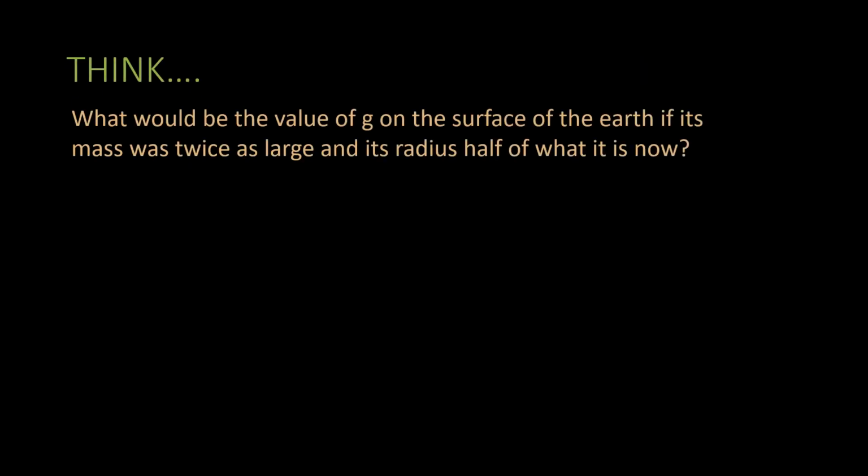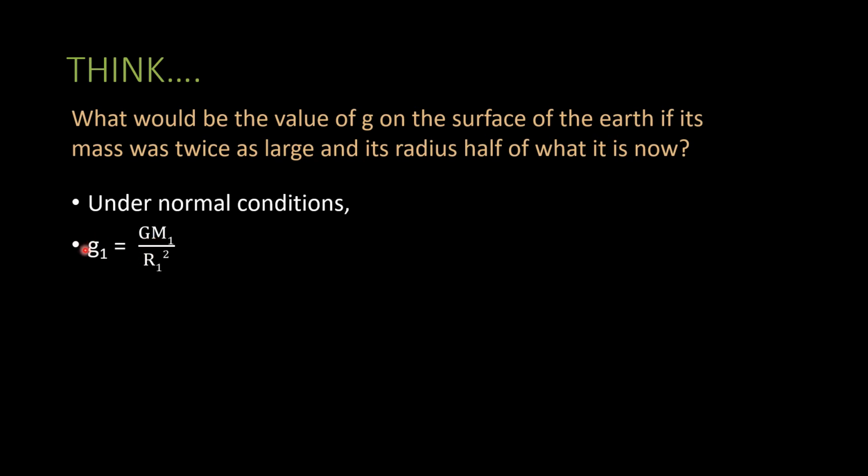Okay children, think there is a situation. What would be the value of g on the surface of the earth if its mass was twice as large and its radius half of what it is now? So we know that under normal conditions, the formula is g is equal to G M upon r1 square.